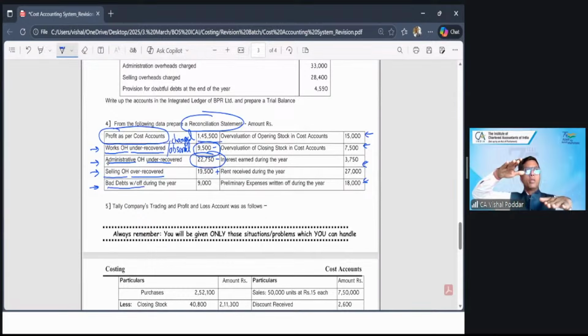Why are they lowered? Because this is an expense which is charged only in financial books. Since it is charged only in financial books, the financial profits are less. Now again, where are we standing? We are standing at costing profit because our starting profit is costing. So I have to climb down, less.